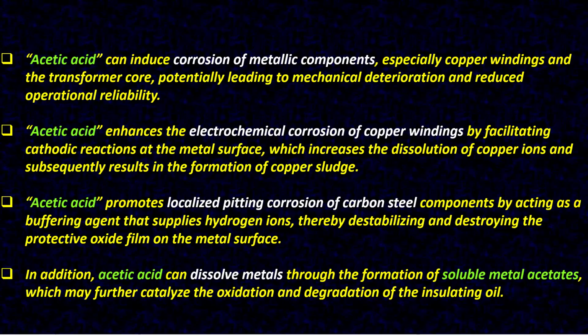Acetic acid promotes localized corrosion of carbon steel components by acting as a buffering agent that supplies hydrogen ions, thereby destabilizing and destroying the protective oxide film on the metal surface, that is on the core part.